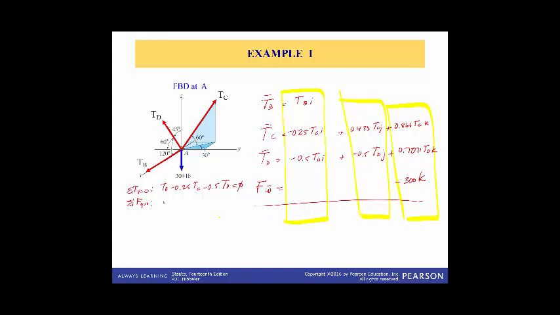So we have 0.433 TC - 0.5 TD equals 0, and sum of the forces in Z equals 0, so we have 0.866 TC + 0.7071 TD - 300 equals 0.